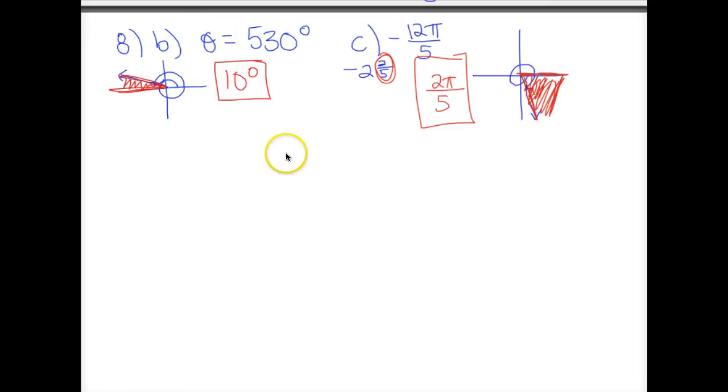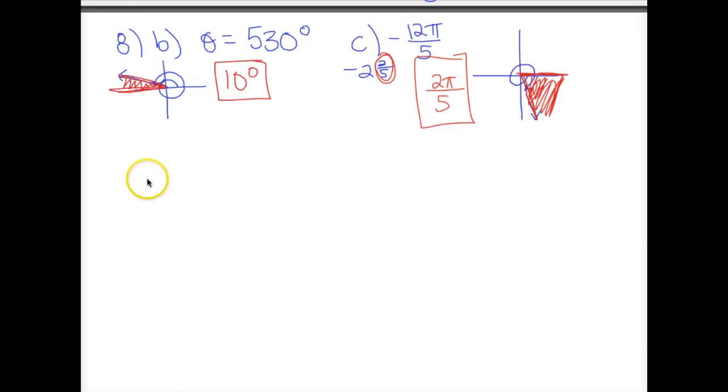Okay, the last things that we did in activities 32 were finding the sine, cosine, and tangent of various angles. So again, that depends on you being able to find reference angles for most of them.